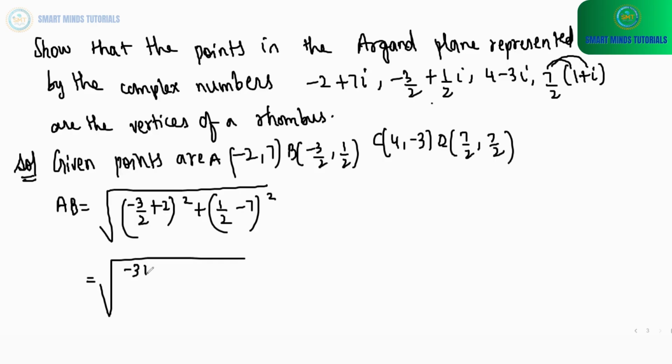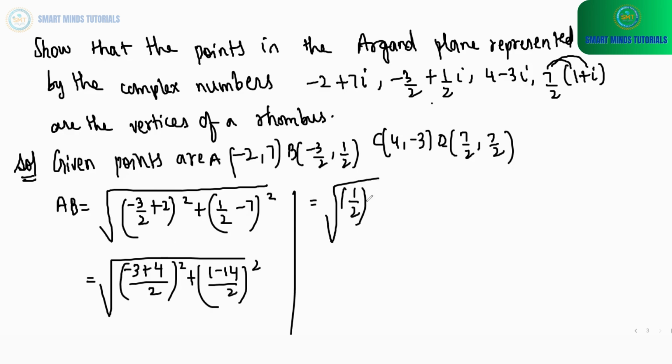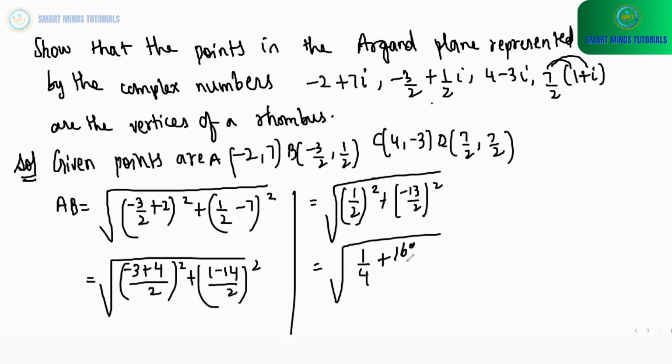So you will get (minus 3 plus 4) by 2 whole square plus, again taking the LCM within the bracket, (1 minus 14) by 2 whole square, which is equal to root over (1 by 2) whole square plus (minus 13 by 2) whole square. So that is root over 1 by 4 plus 169 by 4, which is equal to root 170 by 2. This is AB.